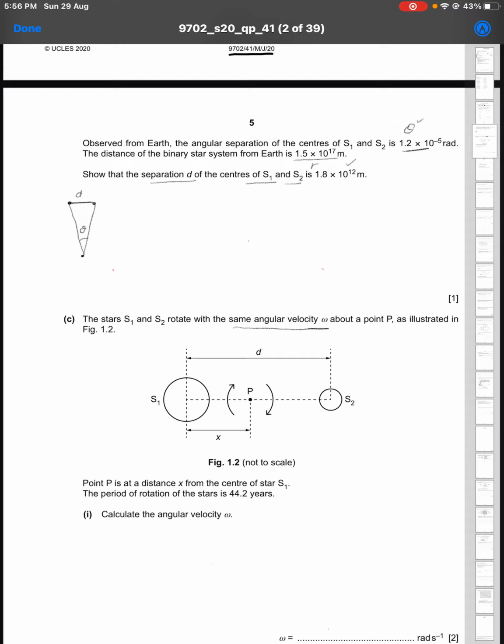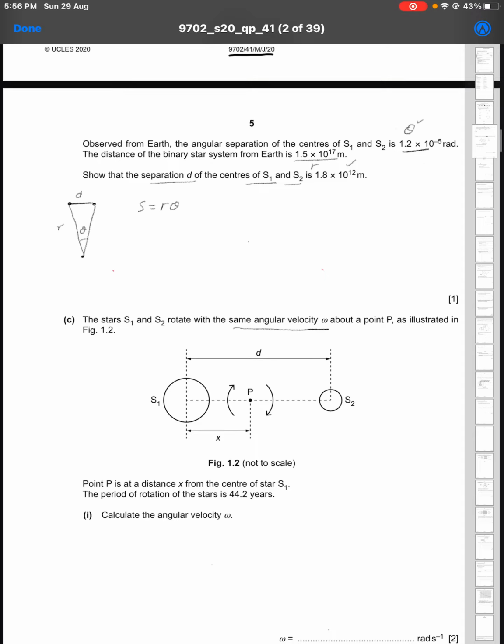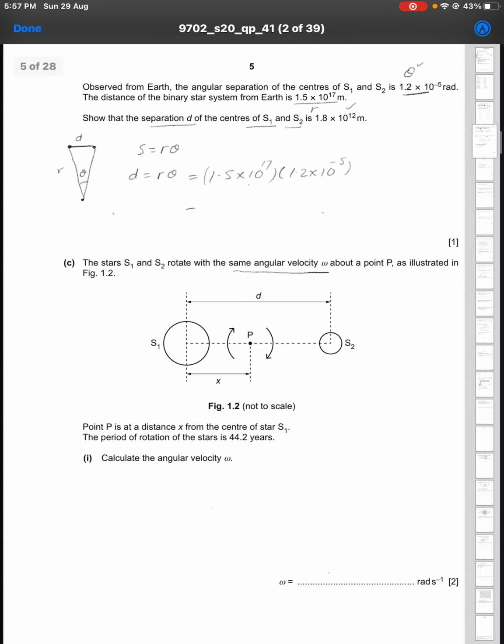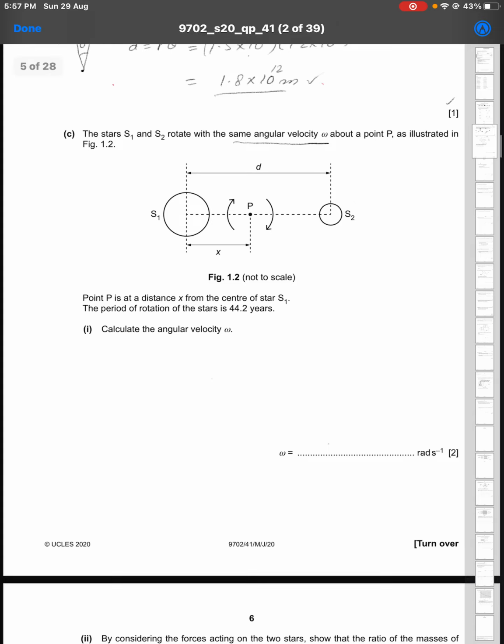So d is the separation and r is the distance from Earth to the star. So s is equal to r into theta, or you can say d is equal to r theta. r is given as 1.5 × 10^17, and theta is given as 1.2 × 10^-5. When you multiply, you get the same answer as you have to prove: 1.8 × 10^12 meters. So this is for 1 mark.